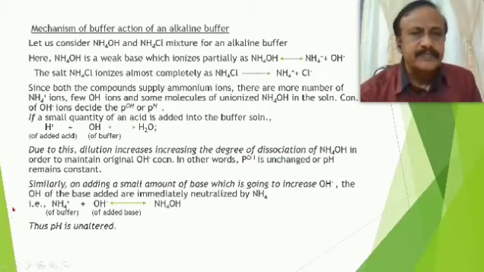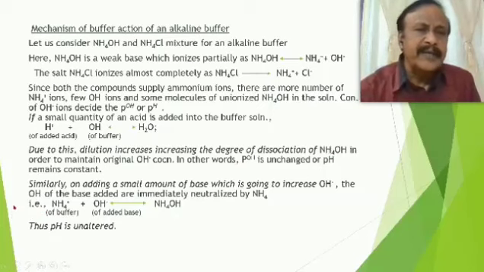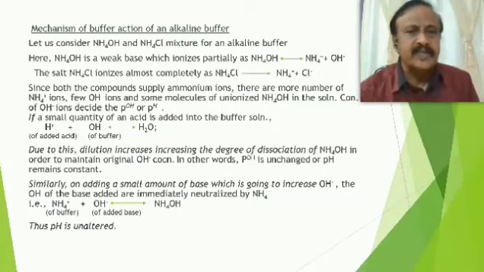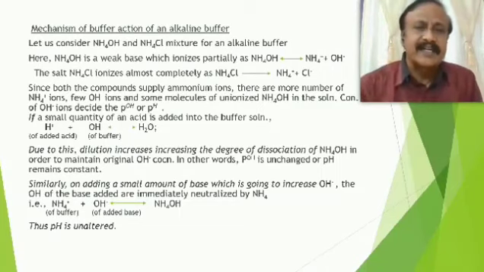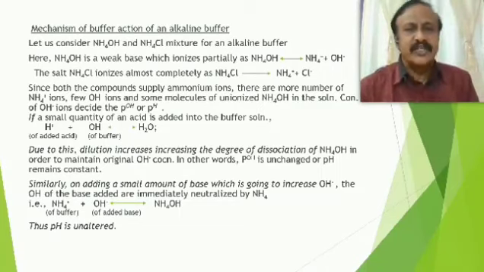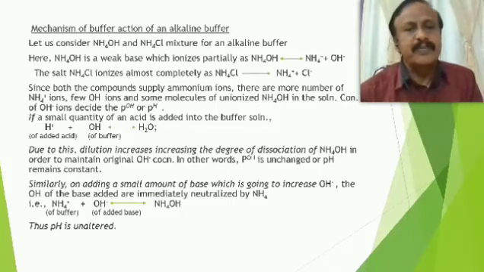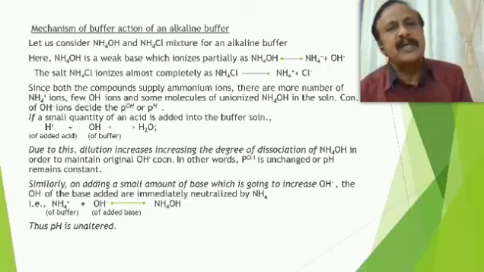So in order to maintain the original OH minus concentration, some molecules of ammonium hydroxide ionize. Therefore, OH minus remains the same as before addition of acid. In other words, OH minus concentration remains constant, or pOH is unchanged, or pH is unaltered, because pH plus pOH is always 14.